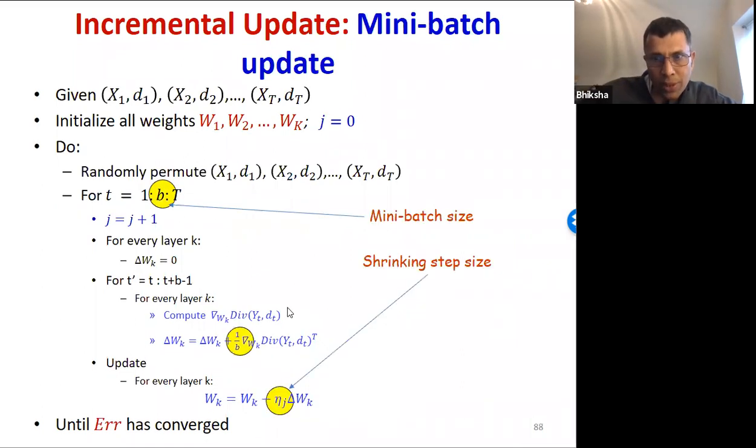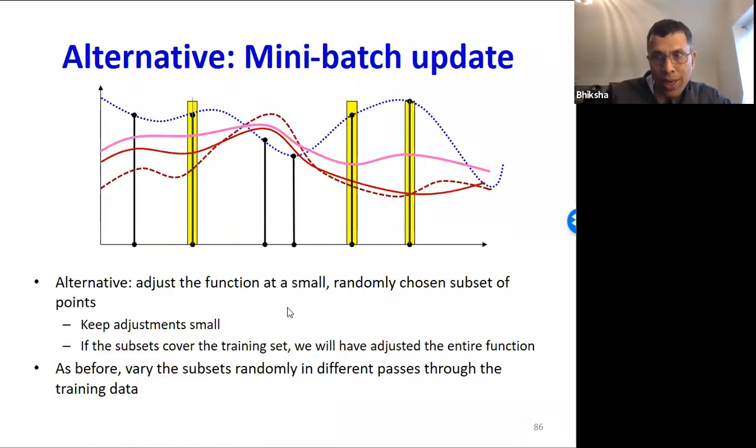If we continue this process, drawing random subsets of training instances from our training set and updating the model at those points each time, eventually you're going to cover the entire training set. As in SGD, you won't make very big adjustments, but you'll keep the updates within each mini batch small. And yet eventually you'd have updated the model everywhere, and hopefully with better effect than either simple SGD or batch training.